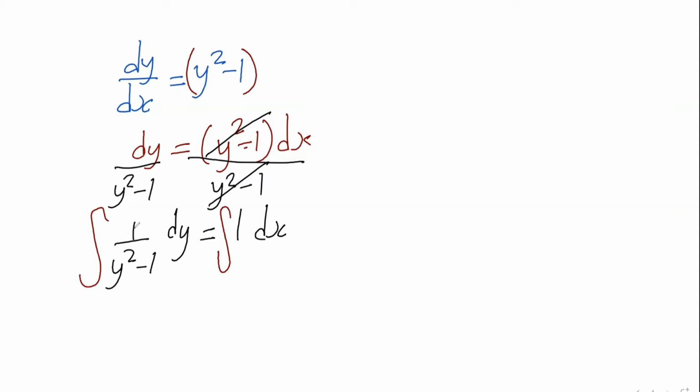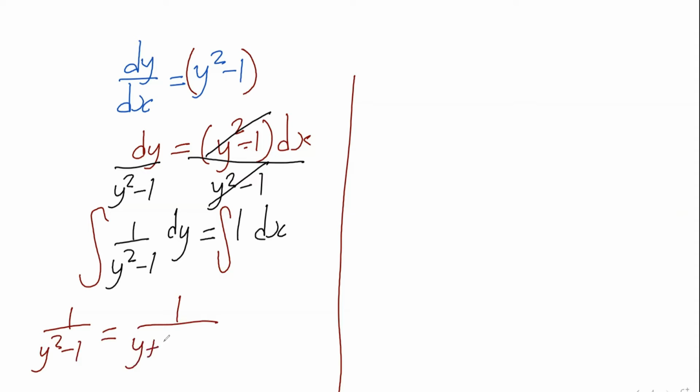But before we can integrate 1 over y squared minus 1, we have to recall that 1 over y squared minus 1 can be separated using partial fractions, because y squared minus 1 is just y plus 1 times y minus 1. It's a difference of two squares.